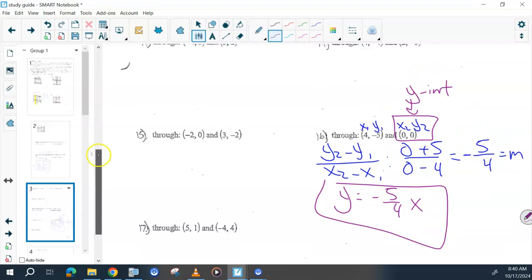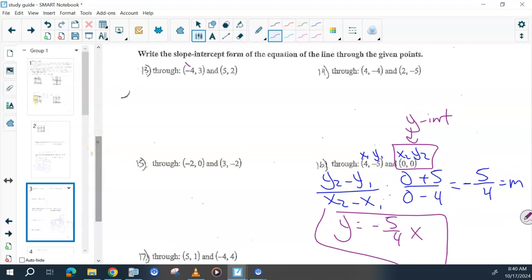Okay, so the process starts off the same way. Find the slope. So 2 minus 3 over 5 plus 4. What would that slope be? Negative 1 over 9.